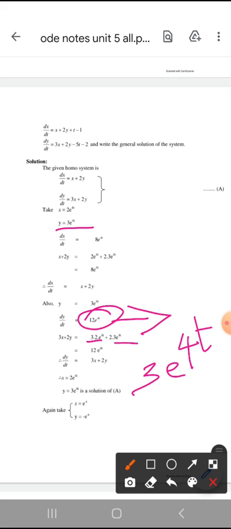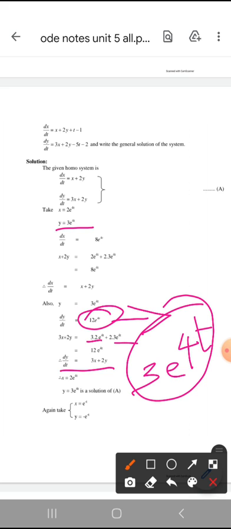So 3 into 2 into e^(4t) plus 2 into 3 into e^(4t) gives 12e^(4t). Now dy/dt is equal to 3x + 2y, as given in the question.